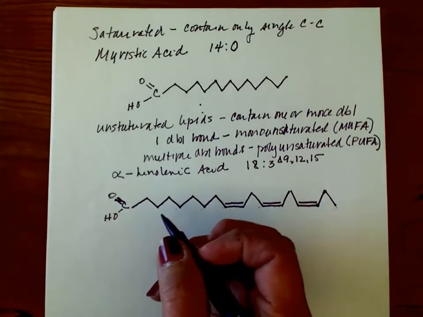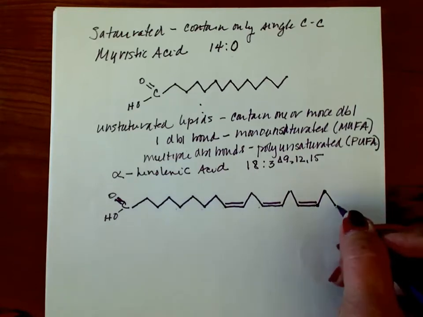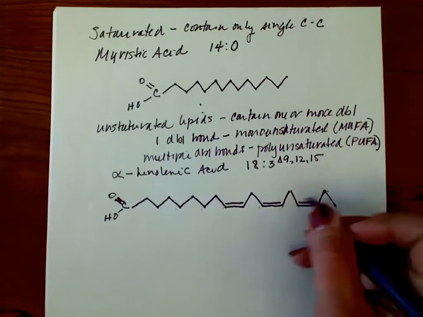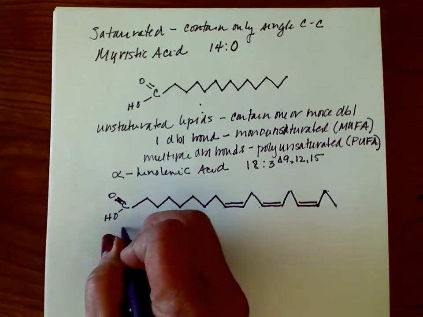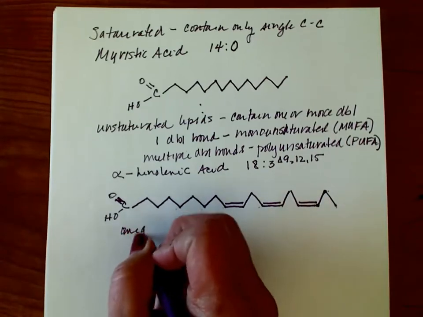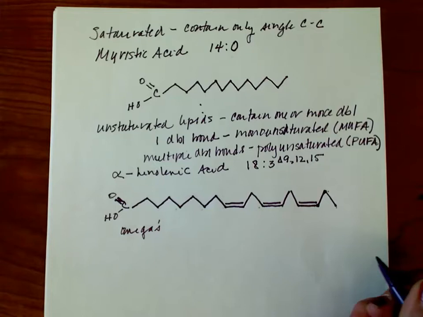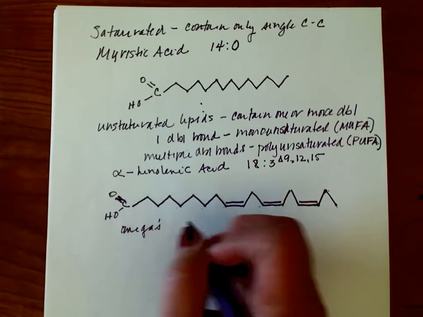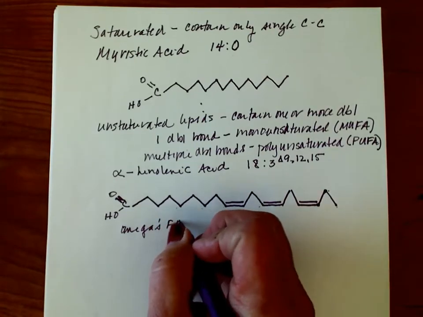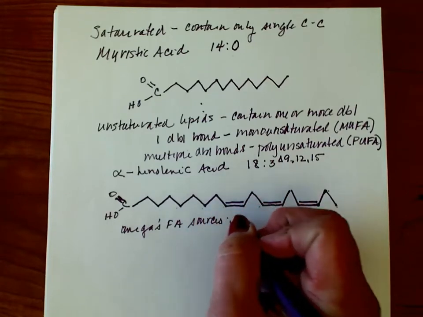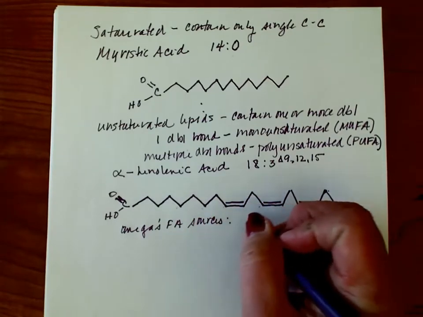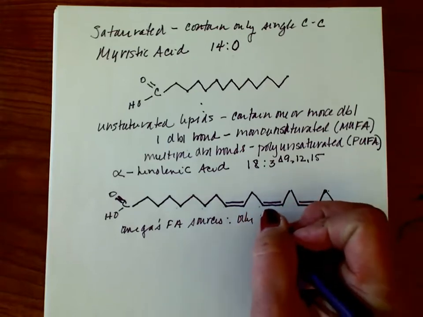So it has a double bond 3 carbons away from that methyl group at the end. 1, 2, 3. So this is an omega-3. Omega-3s, or omegas in general, I should say. There are omega-3s and omega-6s. But good sources of these are oily fish, essentially.